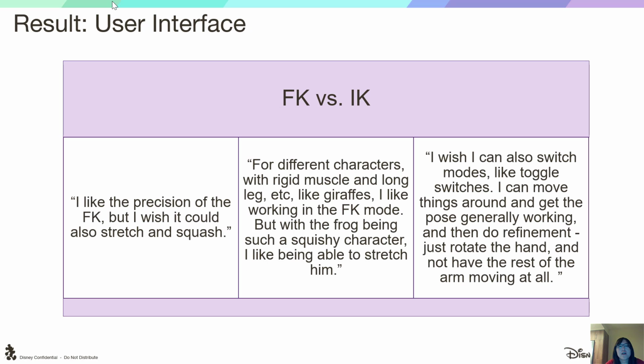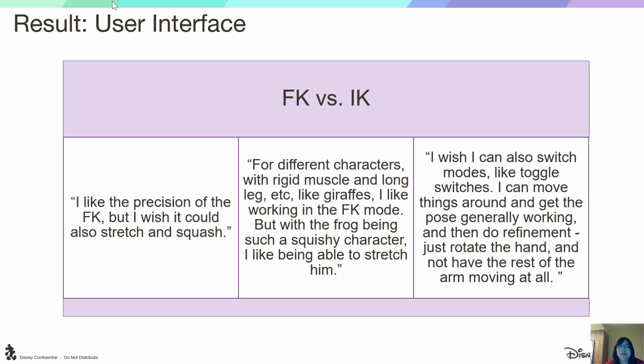Then they moved on to the user interface, like how they feel about forward kinematics and inverse kinematics. They feel forward kinematics is for very precise rotations and adjustments, while inverse kinematics is more for stretching and dragging to make the general pose.